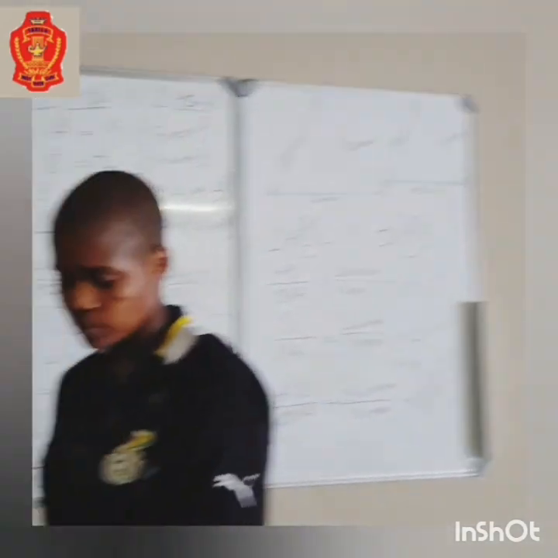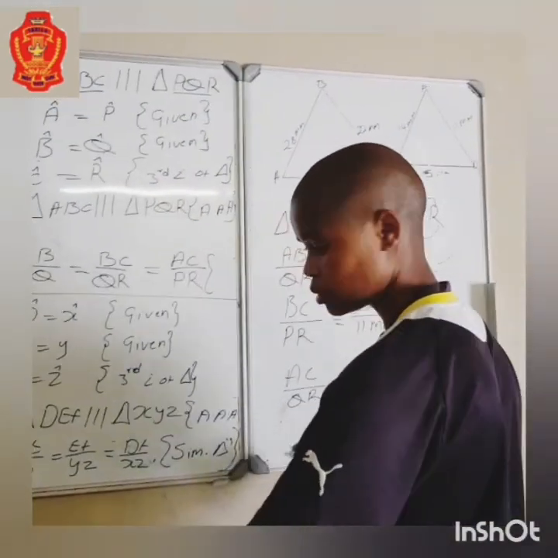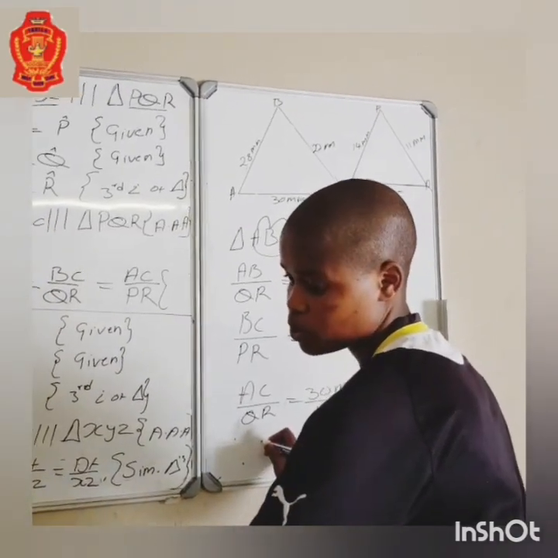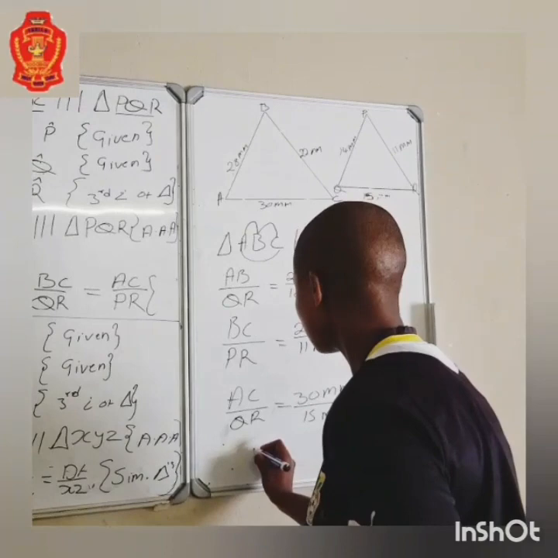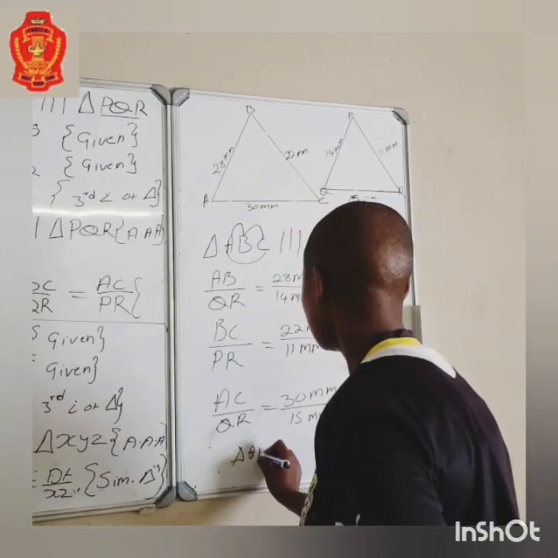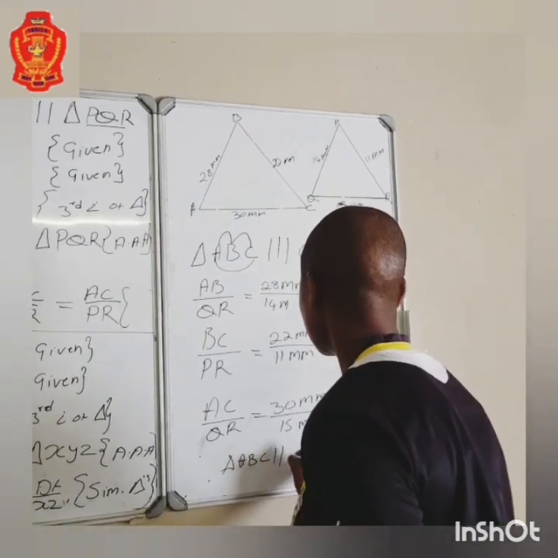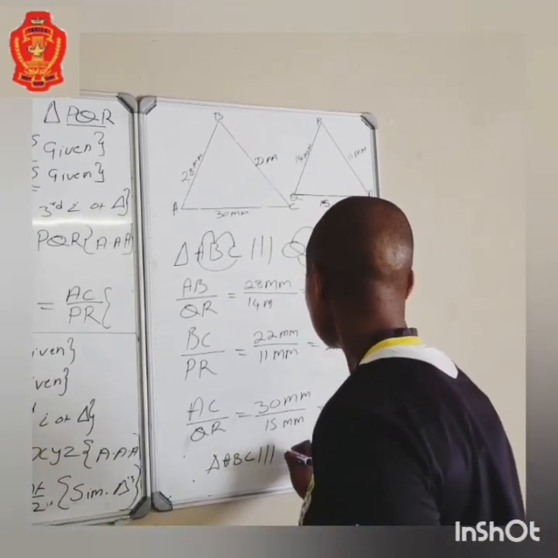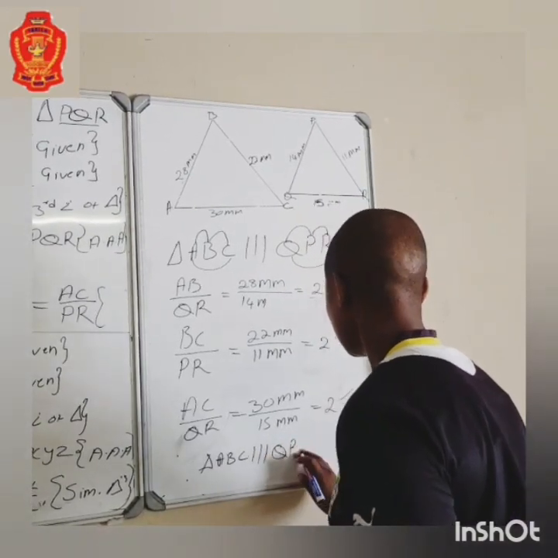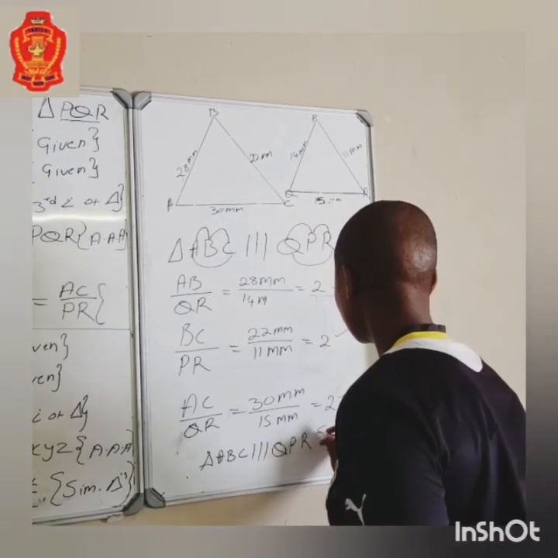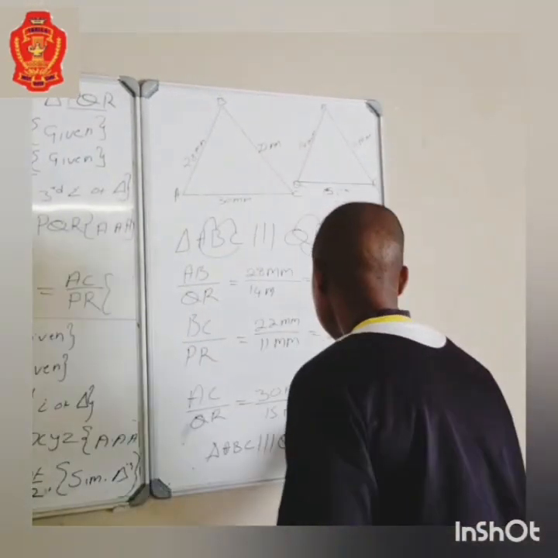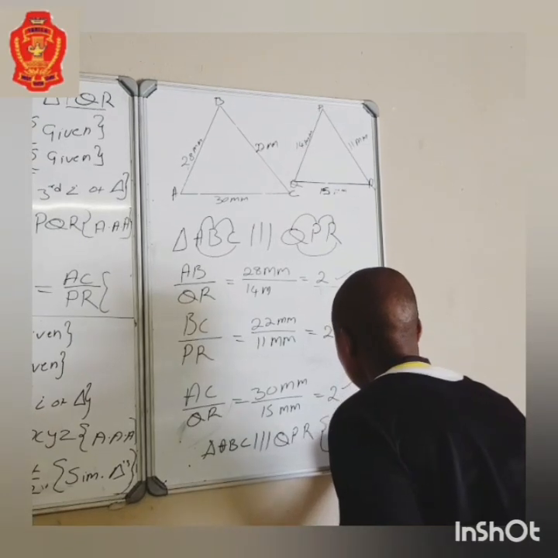I will say, therefore, triangle ABC is similar to triangle QPR. Why? Simply because sides are in proportion.